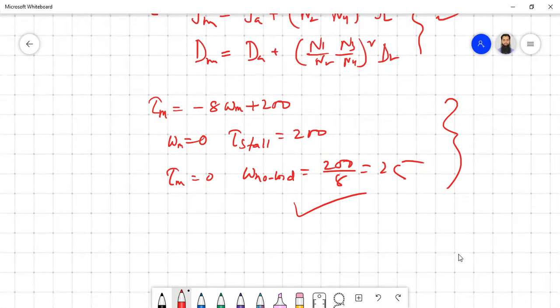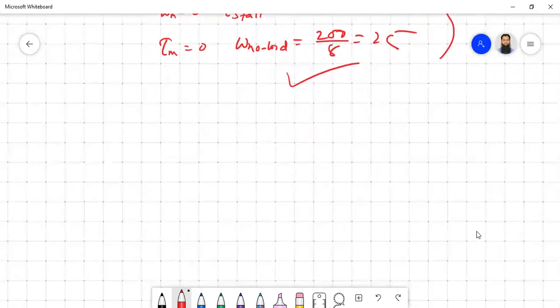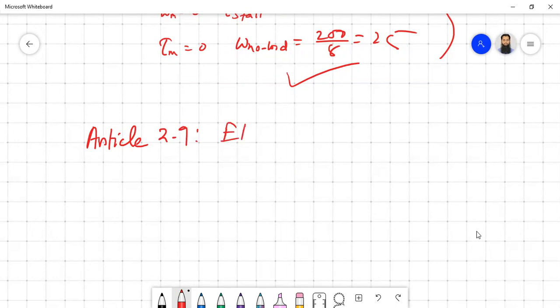Okay, so the next topic, the last topic of this chapter, is article 2.9, electrical circuit analogs.